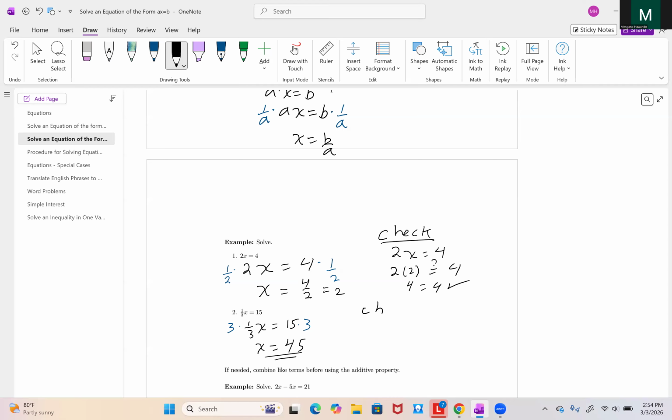Again, we can go through the process of checking. 1 over 3 x = 15. Replace x by 45. So 1 over 3 times 45 is equal to 15?